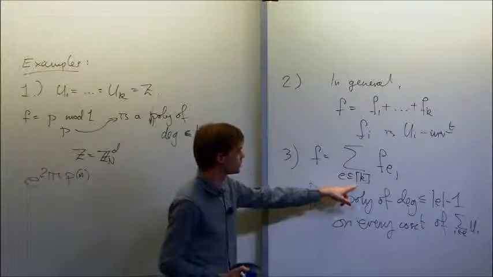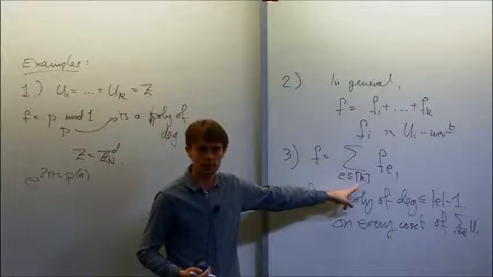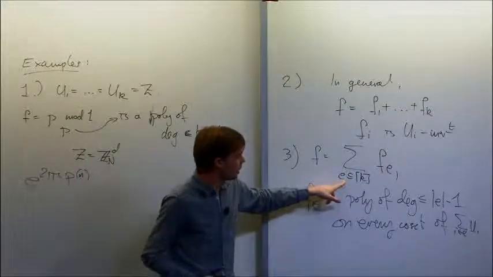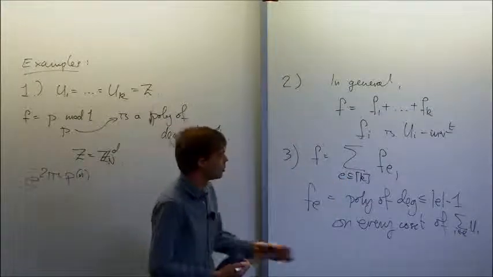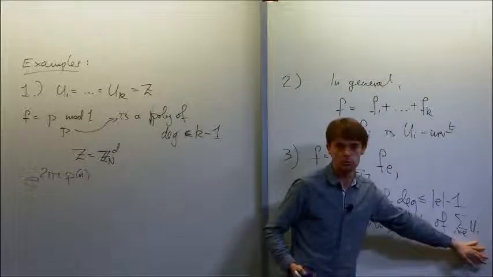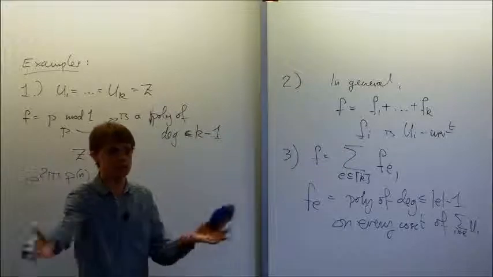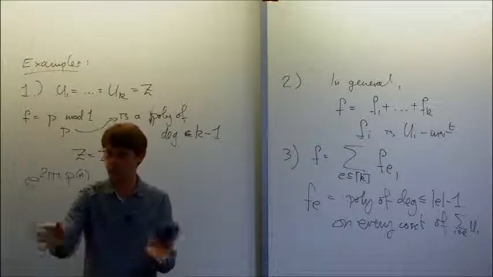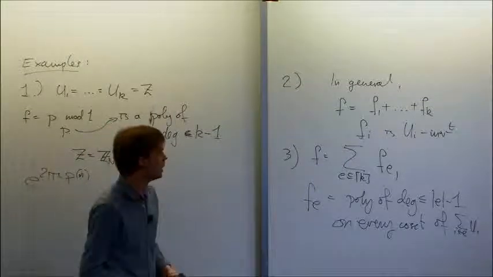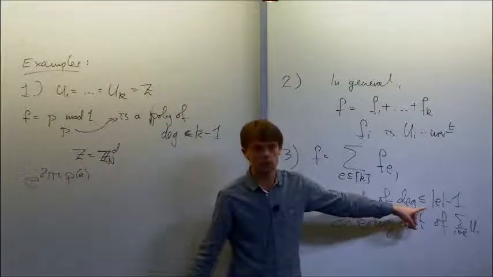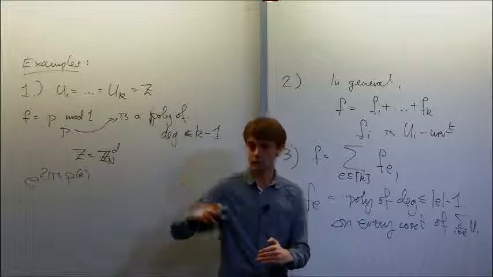You're looking at all possible subcollections of the groups U_1 up to U_k, indexed by this subset E. Having chosen a subset E, you form the sum of those subgroups of Z. So maybe Z is a 100-dimensional torus and you chose 7 four-dimensional subtori and you add them together, that gives you a subgroup. And then you ask that f_E be a polynomial of degree at most the cardinality of E minus 1 on every coset of that subgroup.